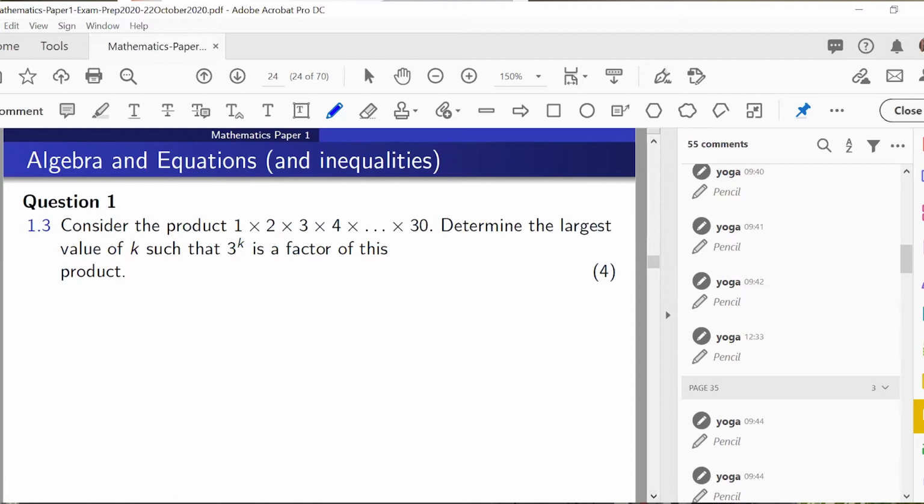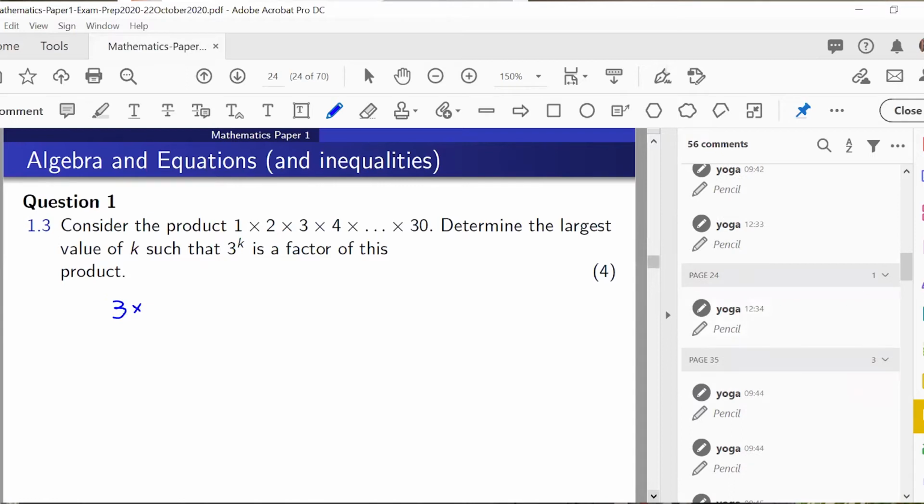Now, we are going to look at the factors of 3 in this product. The first would be 3, followed by 6, followed by 9, followed by 12, 15, 18, 21, 24, 27, and then 30.